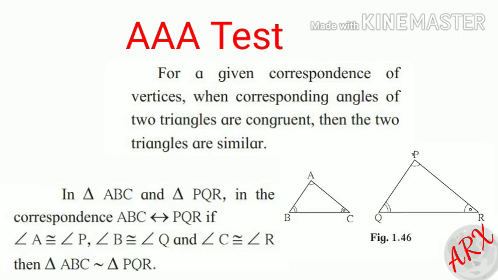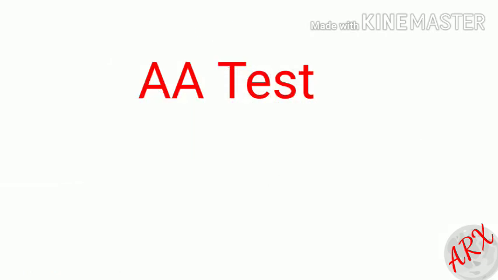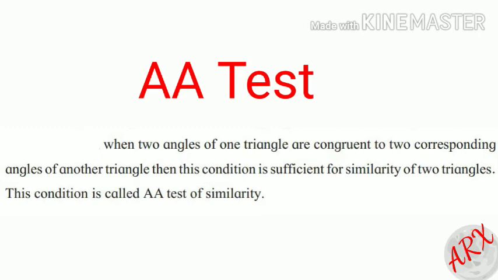For example, in triangle ABC and triangle PQR, if angle A congruent to angle P, angle B congruent to angle Q, and angle C congruent to angle R, then triangle ABC is similar to triangle PQR. Now we will see AA test. When two angles of a triangle are congruent to the corresponding two angles of another triangle, then these two triangles are similar by AA test.